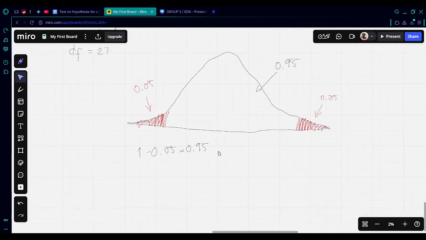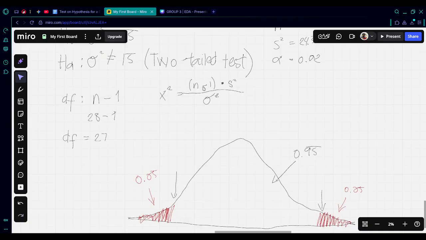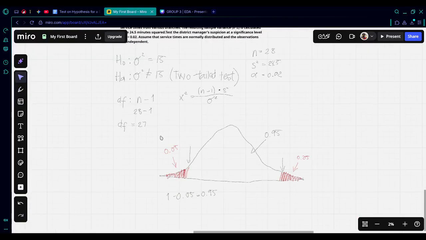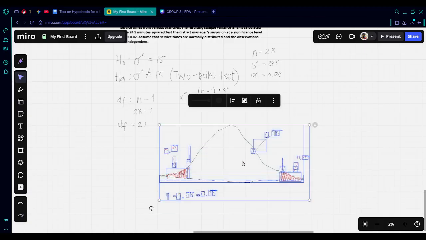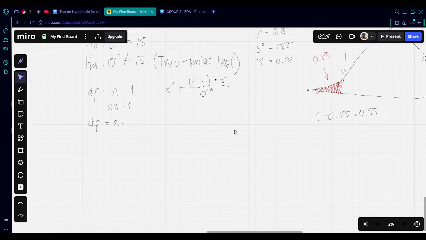Let me move this one since we will solve it later on. Since we need to get the critical values of this one, we need to get the critical value here as well. So we will use the formula of the chi-squared. So how do we get that? Let me move this table here, this graph.